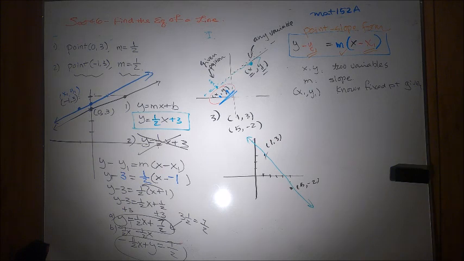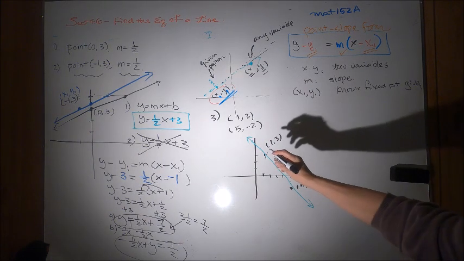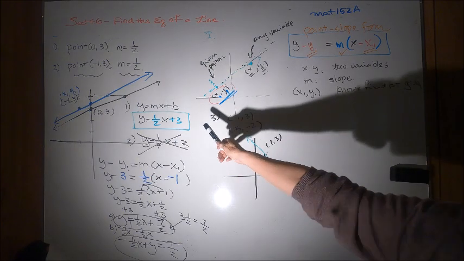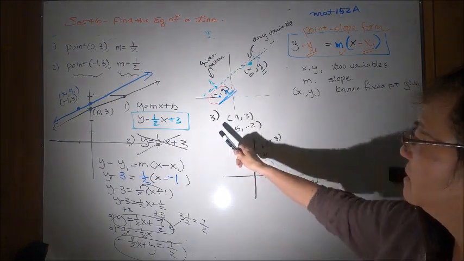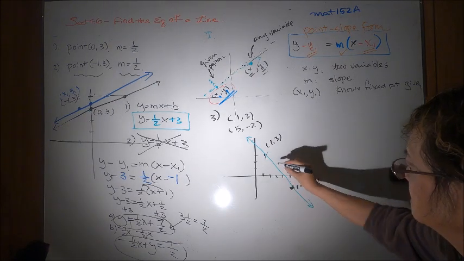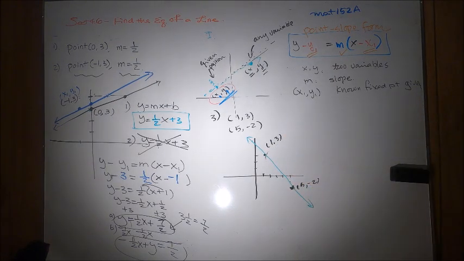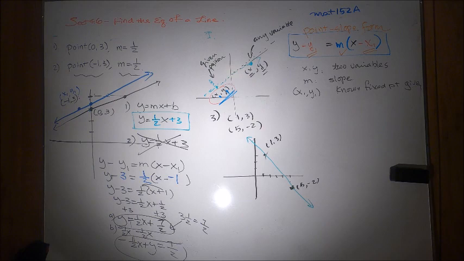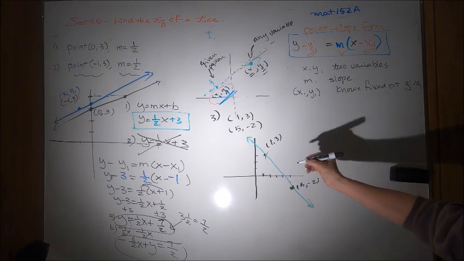So, do you know your y-intercept? No, so you cannot do it directly. We don't know the slope either, right? So what should we do? The equation is telling us you need to have a point.